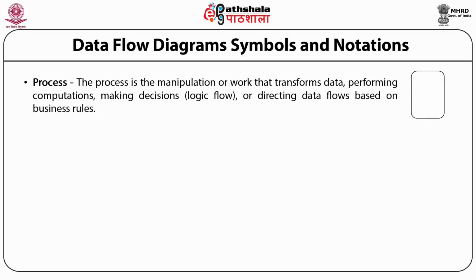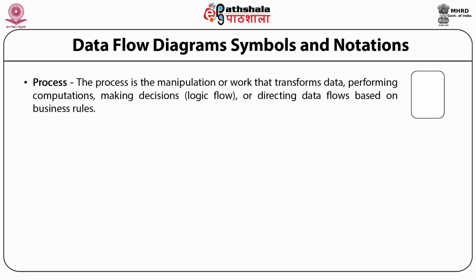The process. The process is a manipulation of work that transforms data, performing computations, making decisions, or directing data flow based on the business rules. In other words, a process receives input and generates some output.